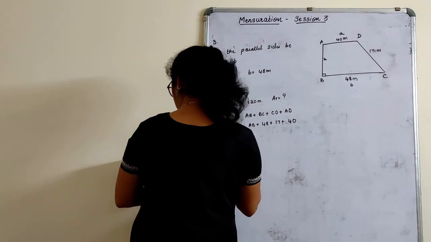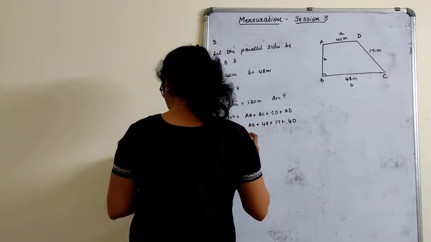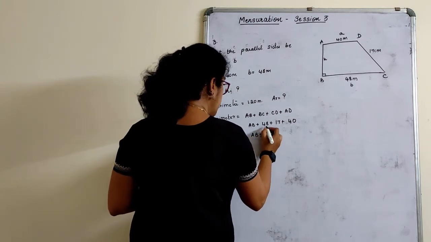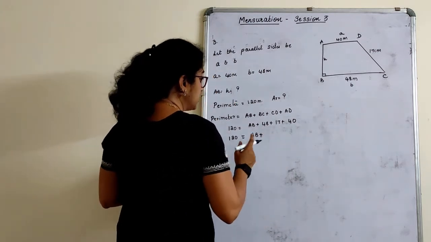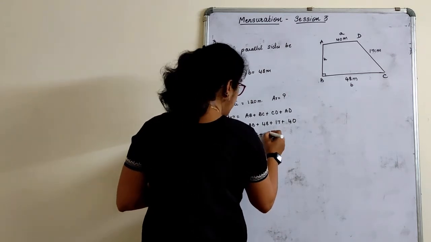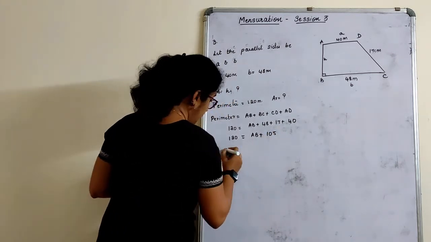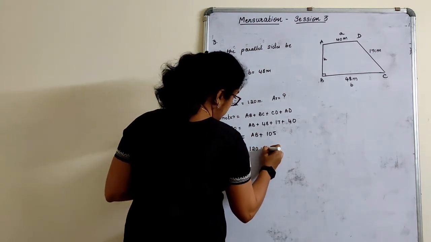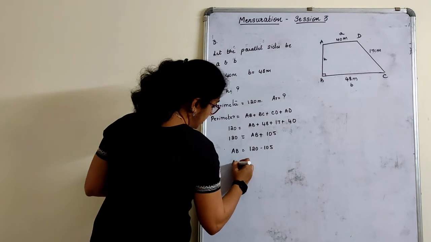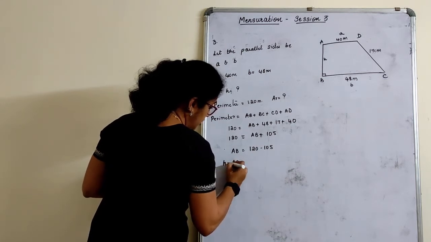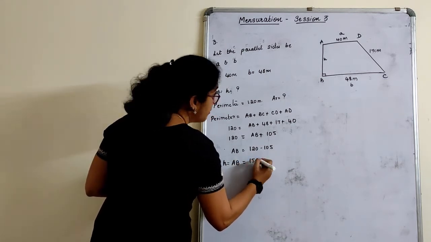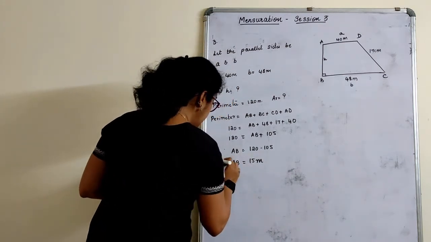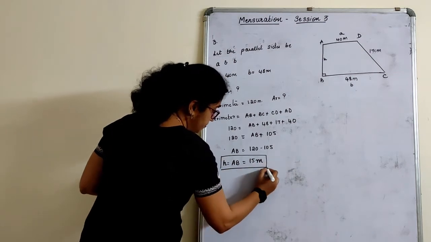So 120 is equal to AB plus 48 plus 40 is 88 plus 17, you get 105. AB is equal to 120 minus 105, where AB, that is nothing but H, is equal to how much? 15 centimeter, or meter it is? Meter.